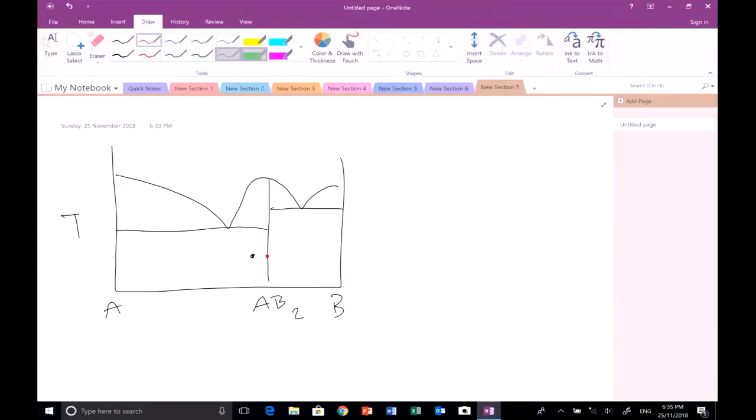And if my composition were right here, what would it be? 100% A. So it kind of stands to reason if you go back to, I don't know, third grade mathematics, we can figure out what the proportions are, can't we? All we have to do is draw a line, and we're going to label this X and this segment Y.